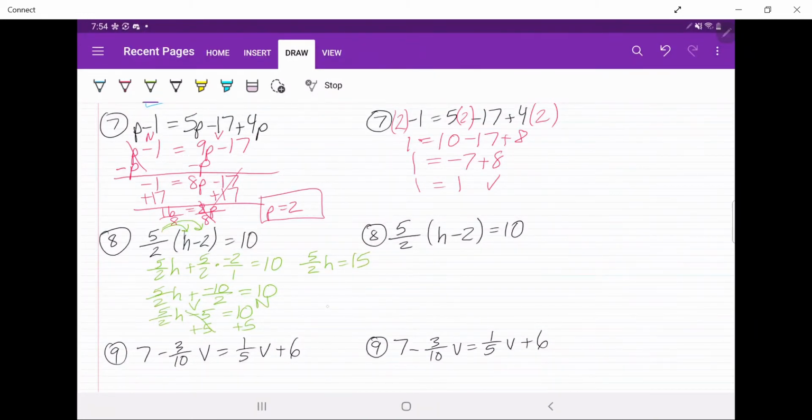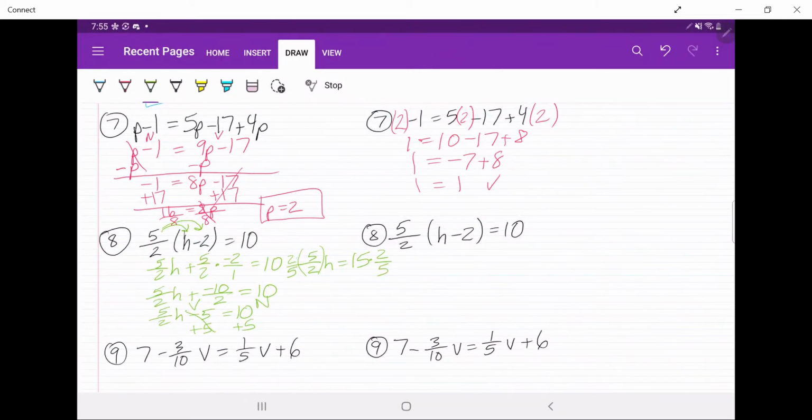Now, since I still have a fraction, I want to get rid of this fraction, 5/2. So I can multiply both sides by 2/5. So we do the inverse operation, times 2/5.